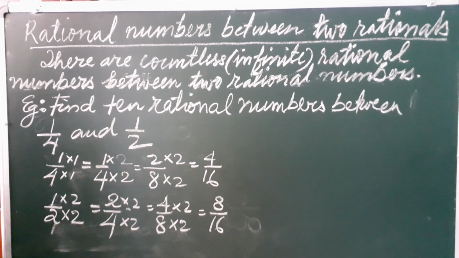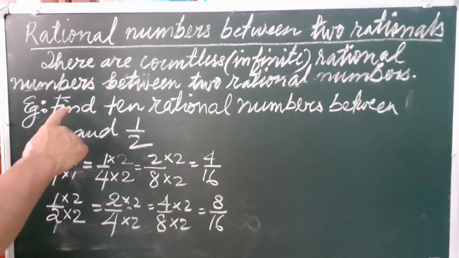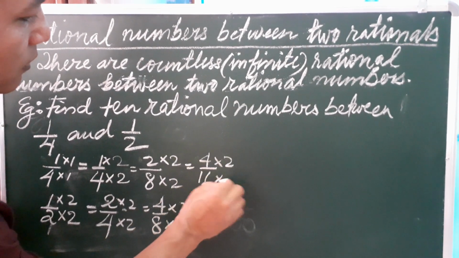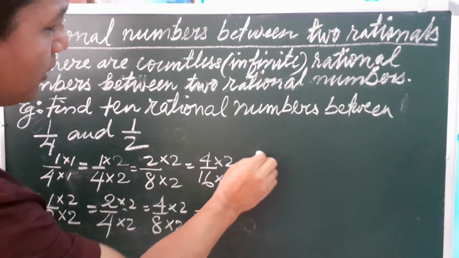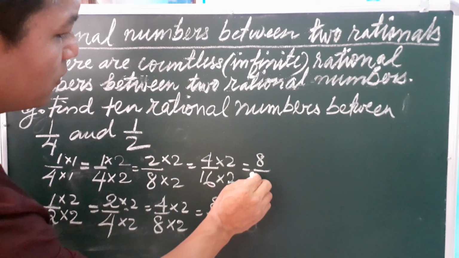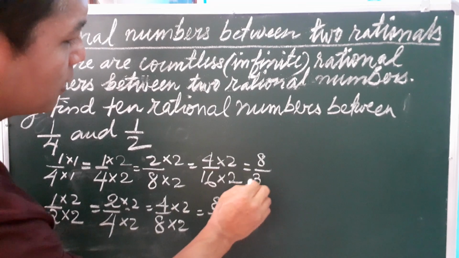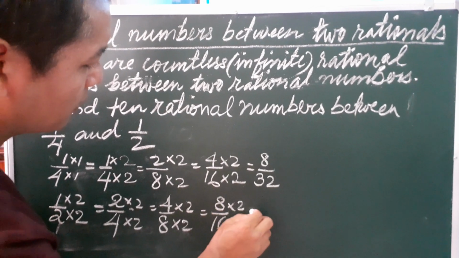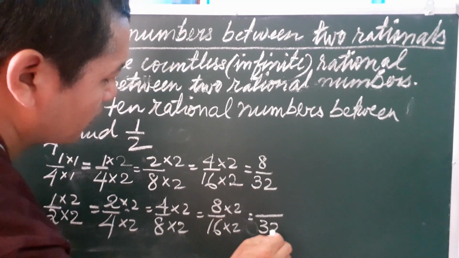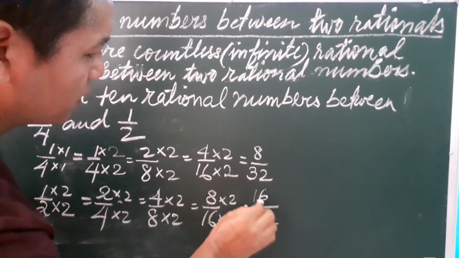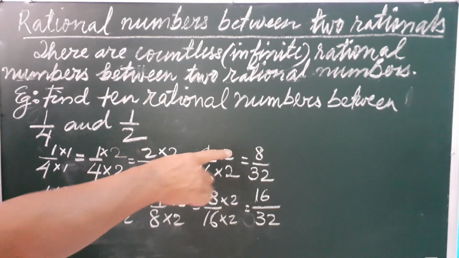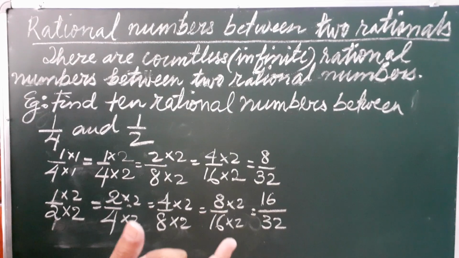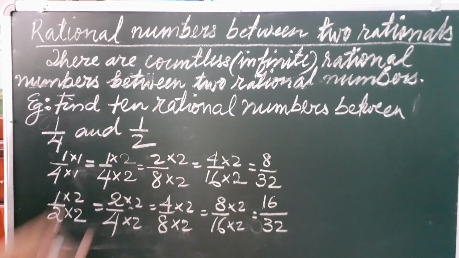We are going to find 10 rational numbers, so you keep on multiplying. 16 into 2 is 32, so you get 8 by 32 and 16 by 32. Between 8 and 16, there are only 7 numbers, so you should get 10.